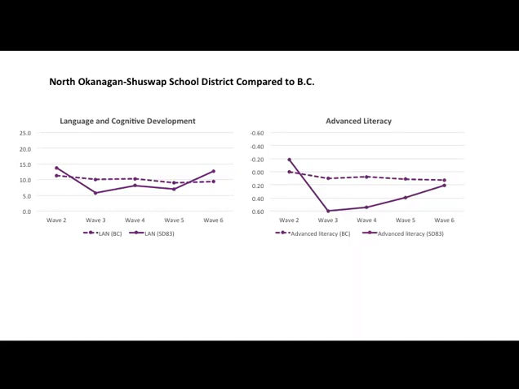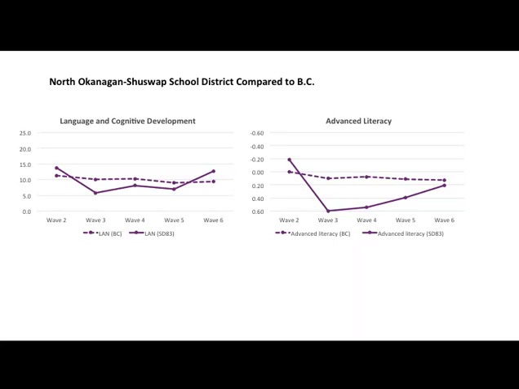For advanced literacy, this is very interesting, and it'd be interesting to see what can be made of this, because this is not a small school district, I don't think. Advanced literacy, as you can see, in wave 1 started off a little worse than the province, and then it got a ton better.